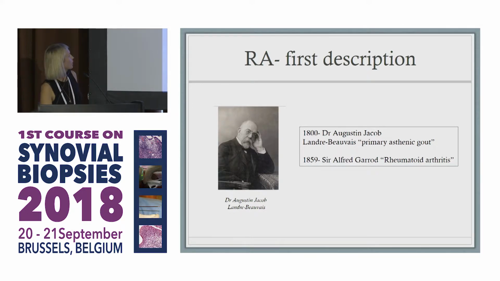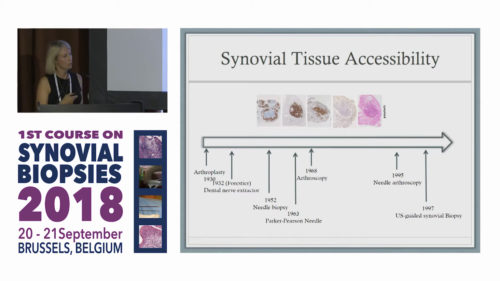Since that recognition, there's been a quest to understand disease pathogenesis and to access synovial tissue, in particular to better understand the pathogenesis of the disease, but also more recently to predict outcome and response to therapeutic intervention. But most of the early studies, dating back to the turn of the last century, were hampered because most of the synovial tissue was from post-mortem samples at very end-stage disease.